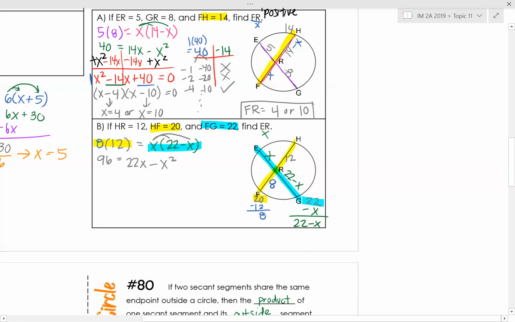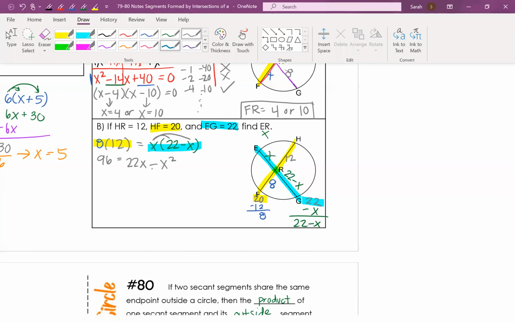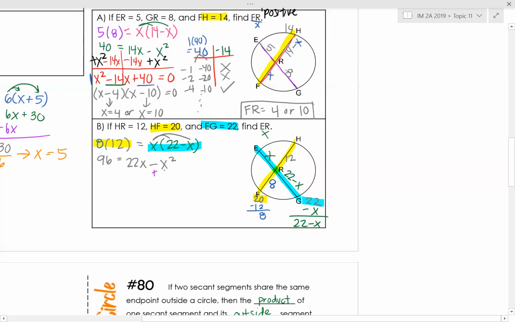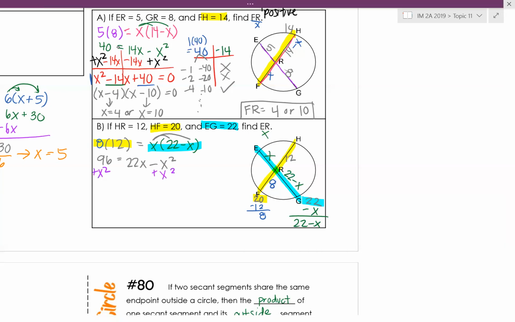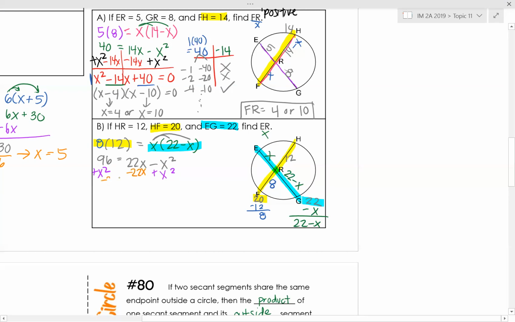So the process for this is going to follow exactly the same as the last one, where we need to move everything to the left because this x squared is negative. So we always have to have a positive x squared in order to factor. So we're going to add x squared, and at the same time subtract 22x, just to move all the pieces over to the left to get 0 on one side. So again, it had to be the left because we needed x squared to stay positive. So we have x squared plus 22x plus 96 is equal to 0.